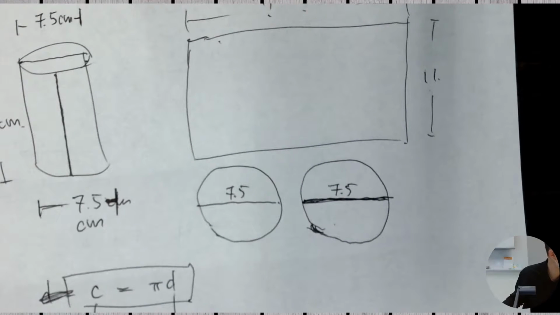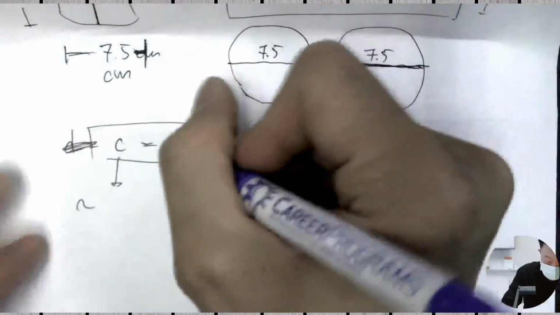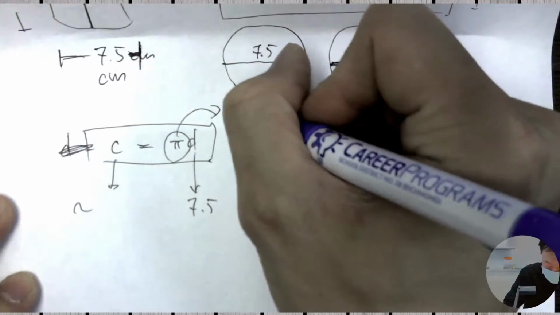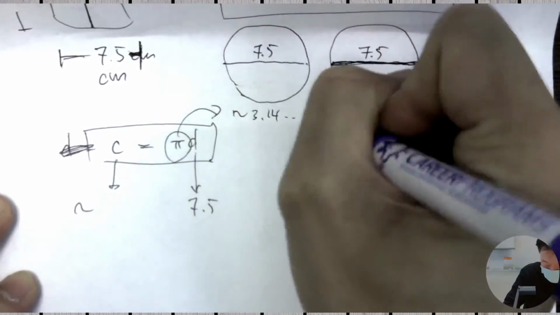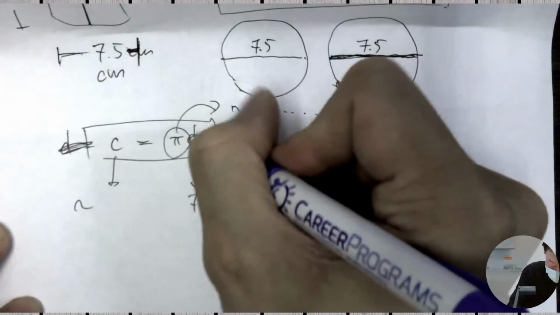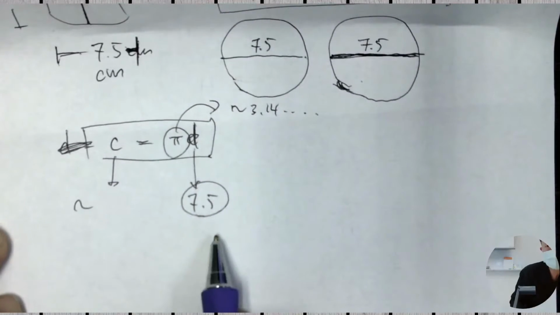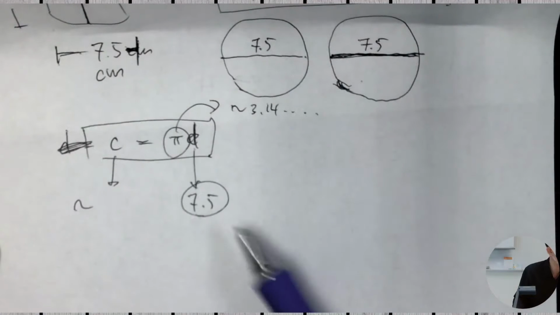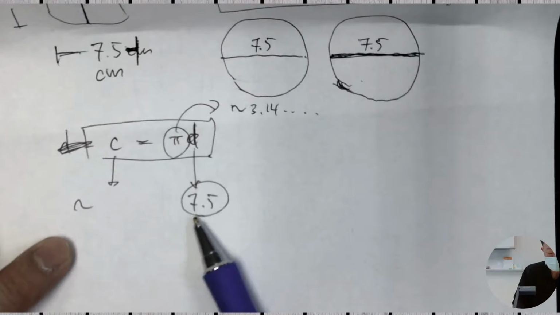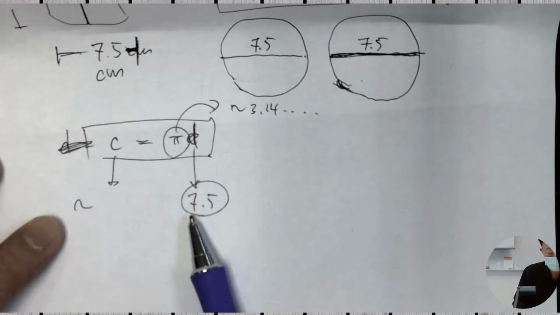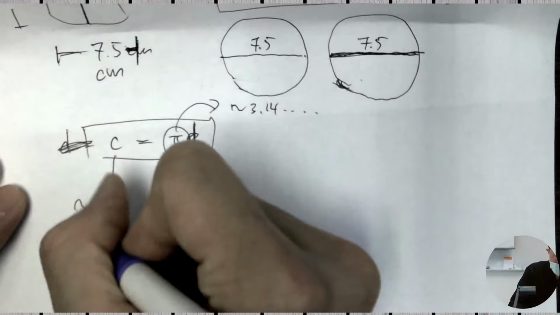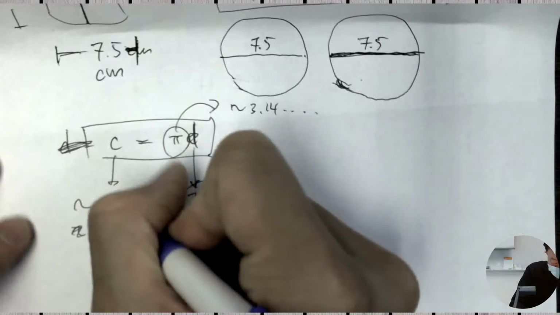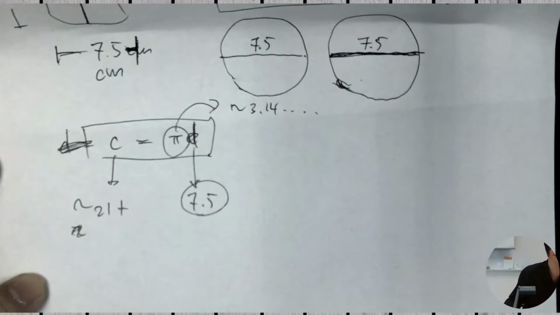About 3 times. Since pi is approximately 3.14, if I know the diameter is 7.5, without pulling out the calculator I can approximate where it is. If I take 7 times 3, it's going to be 21. So it's going to be more than 21 for sure.